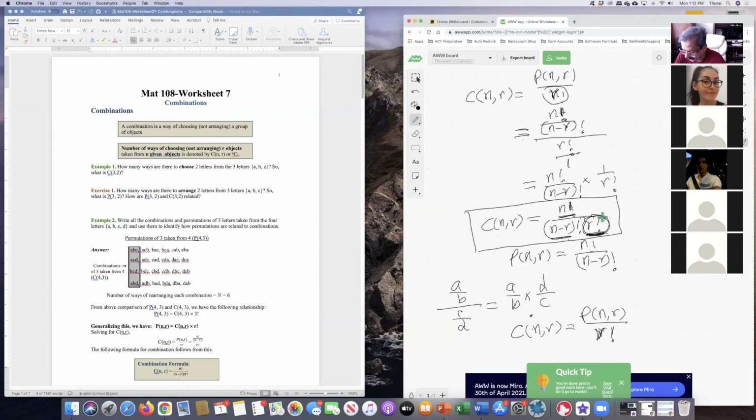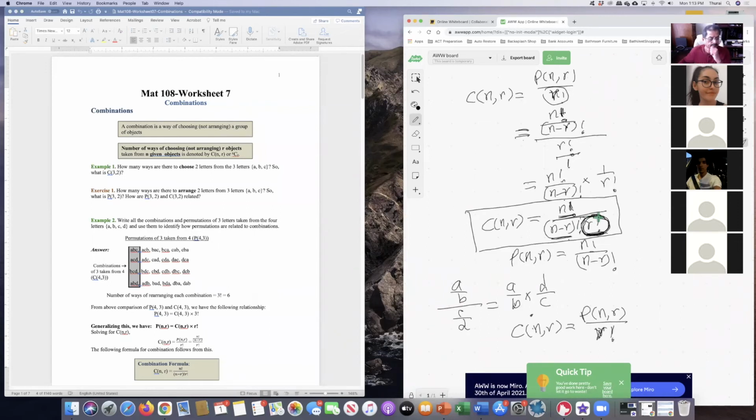So the formula for CNR will produce a smaller number because of the factorial R in the denominator. And we know that PNR is always larger. So if you remember that CNR is the smaller one, then you will remember that CNR is the one that has factorial R in the denominator.